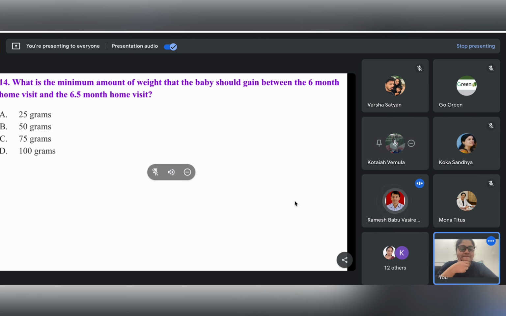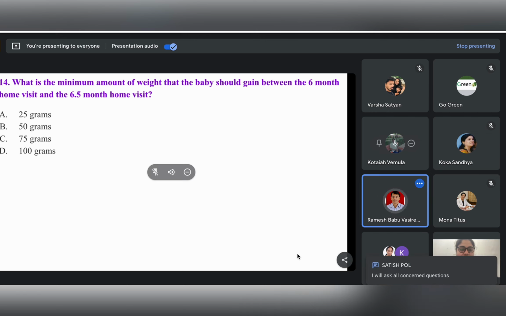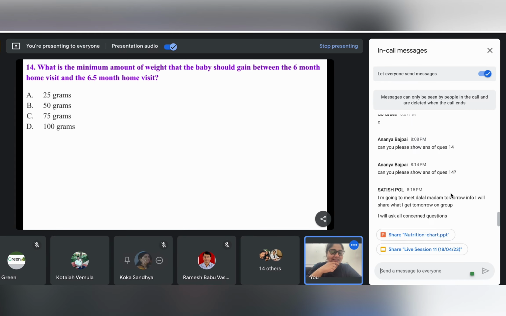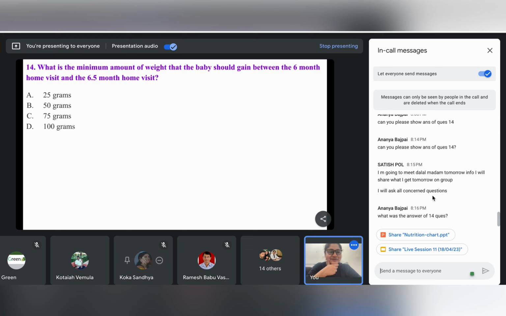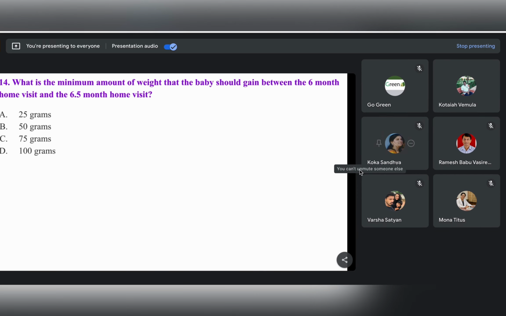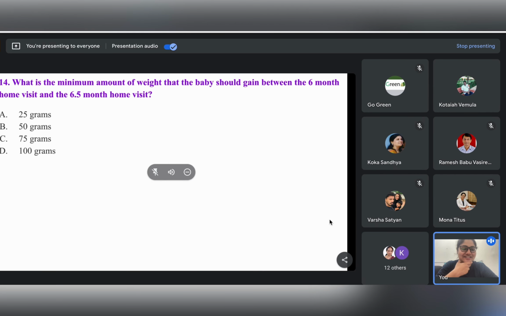And what if it's online? Do we need to carry our own system? Maybe I can just ask Mr. Satish Pol to help you out with these kinds of questions. So maybe you can just jot down all these questions, and Mr. Satish Pol can help you out. I'm really sorry, but I don't have the answer to these kinds of questions.